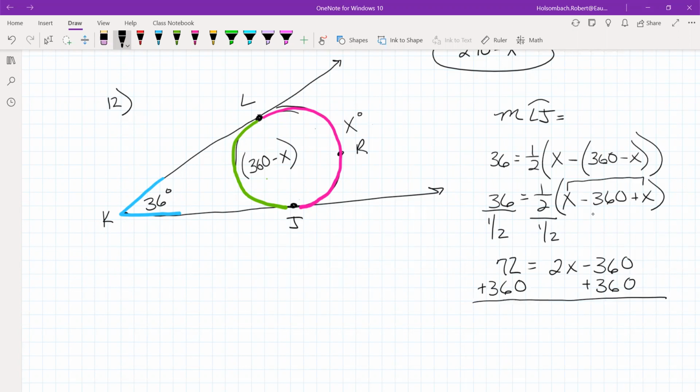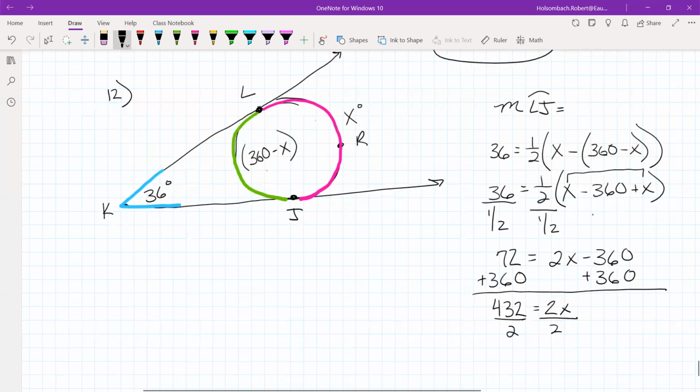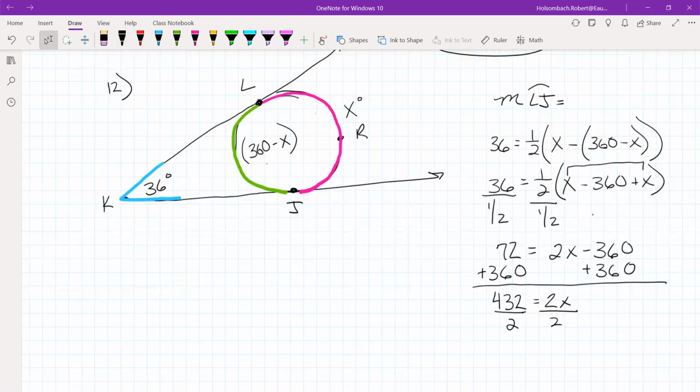And 72 plus 360 is 432. And we're going to divide each side by 2. All right, so we get 216 equal to x.